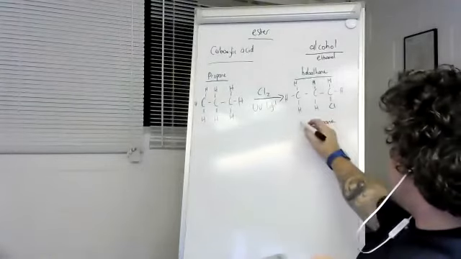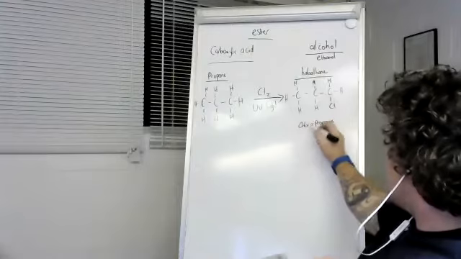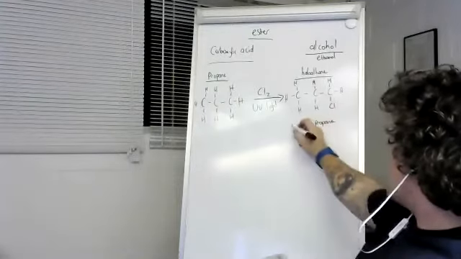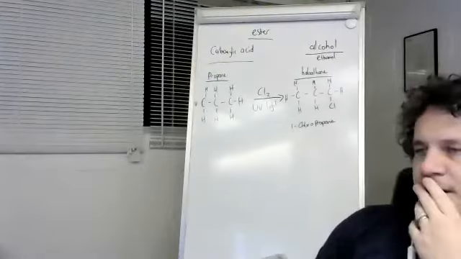We have chlorine, so we call it chloro, and it's coming off the first carbon. So it will be 1-chloropropane.